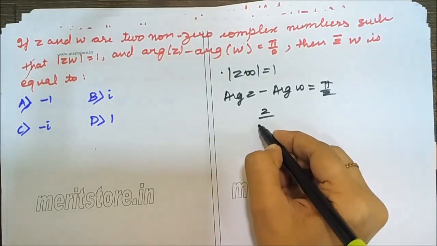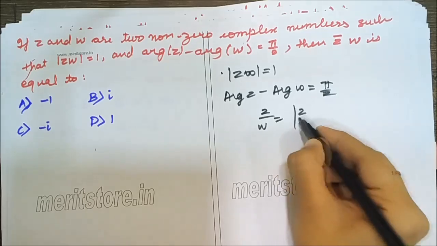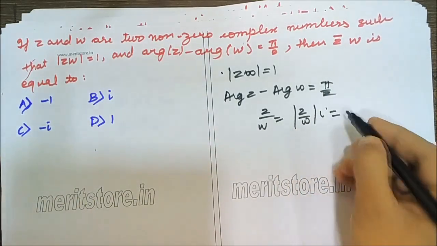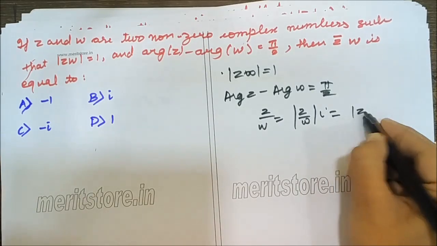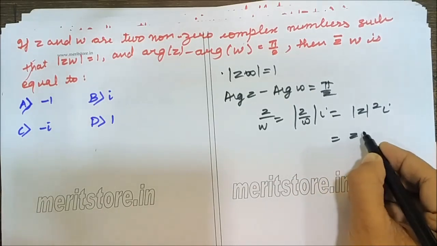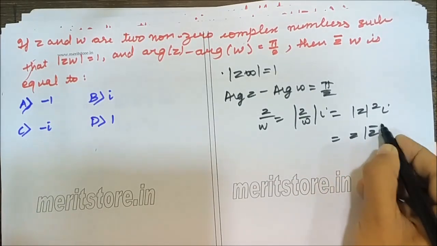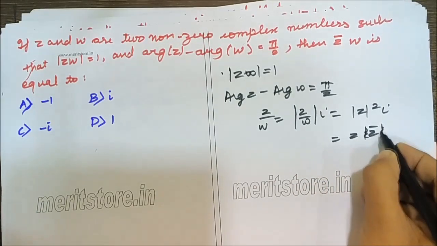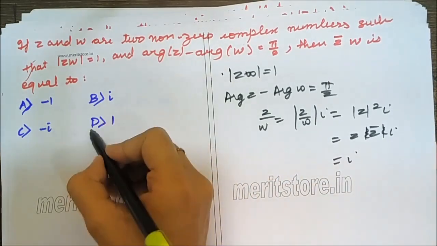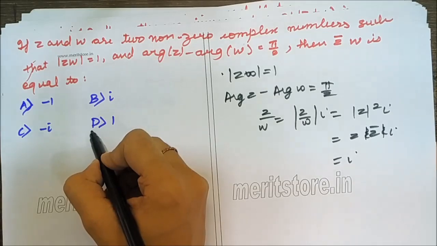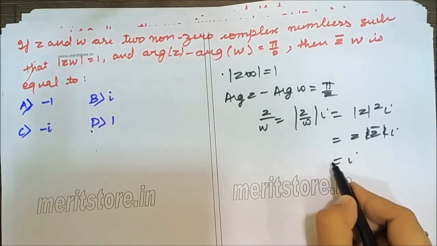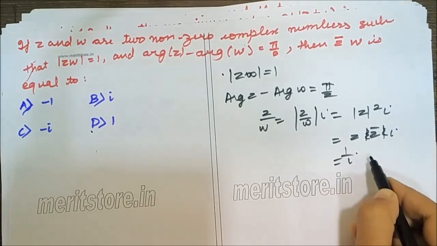So z upon w is equal to z upon w, which is equal to z square. So your answer is i, or 1 upon i.